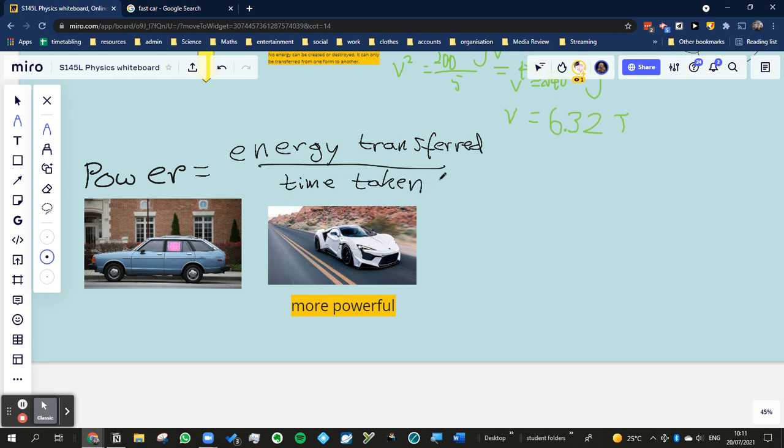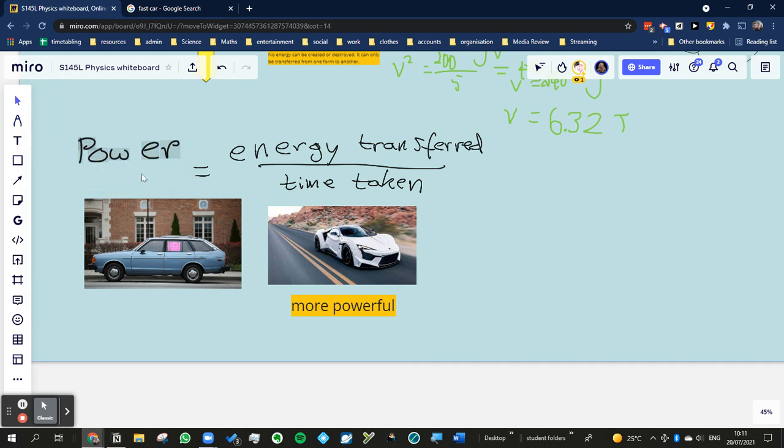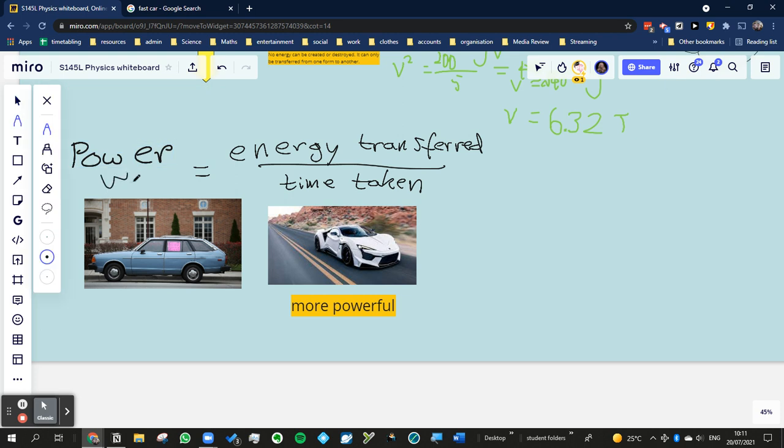And power is not measured in joules because it's not energy. It's how quickly the energy is used. So the unit for power is watts, and that's a capital W. And then time would be in seconds, and we know that energy is in joules.